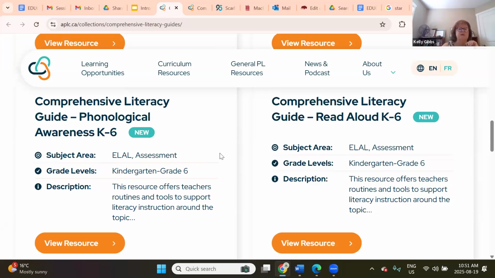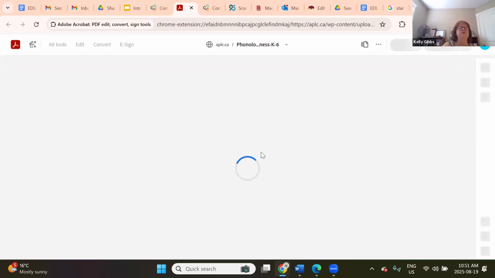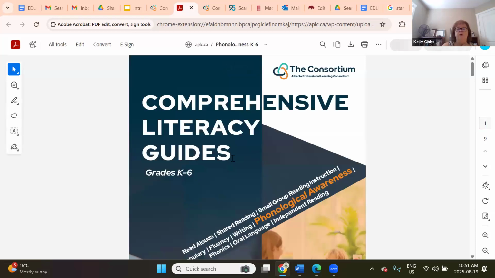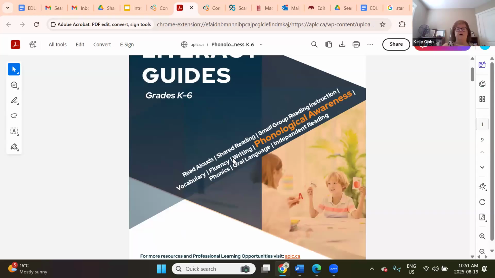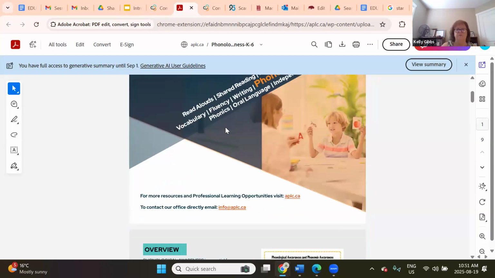Anyways, it's just there. So the phonological awareness guide, not that I'm going to go through every single piece of it, but I want to just highlight in here the importance of phonological awareness as not just a kindergarten, grade 1, grade 2 way of looking at language, because it builds and builds and moves into the area of phonics and then conventions as well, because that's where spelling is covered.